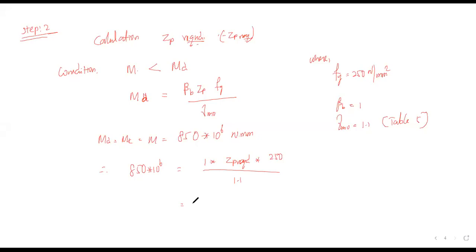So 850 into 10 to the power 6 into 1.1 divided by 250 becomes 3740 into 10 cube mm cube. So this is the ZP requirement.